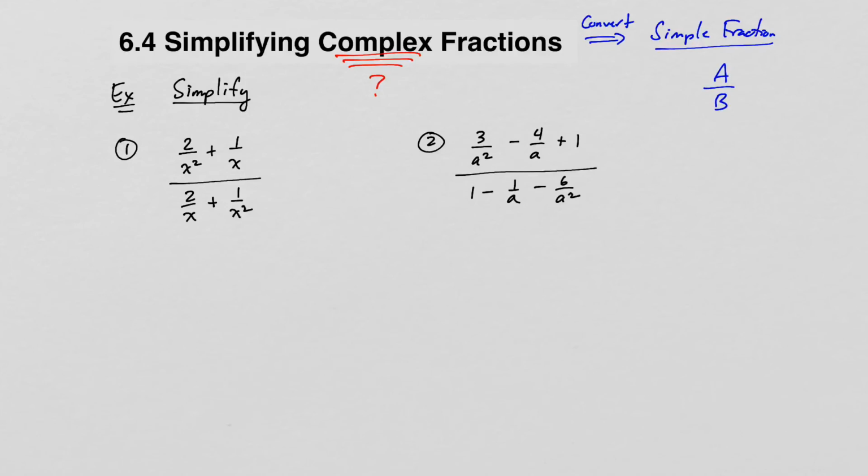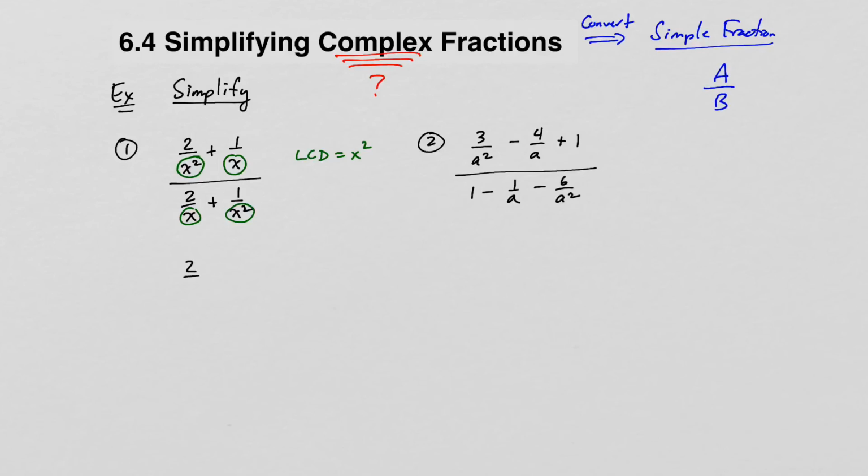Now, there are a couple of different ways to do this, but there is by far one method that is easier than all the others. What we do is we look at all the denominators, the little denominators, all of these, and we identify that the least common denominator among those four denominators, in this case, is x squared.